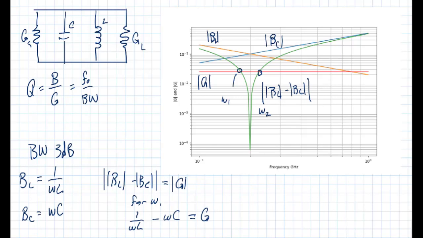So in order to maintain that absolute value for omega 2, we'll switch the order of the terms.